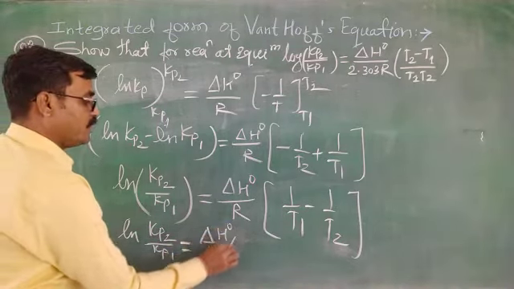If in a numerical the equilibrium constants at two different temperatures are given, and you have to calculate the enthalpy change, then T1, T2, Kp1, Kp2 are given.